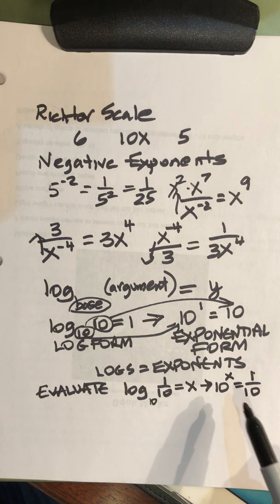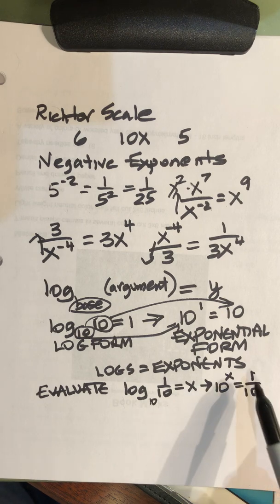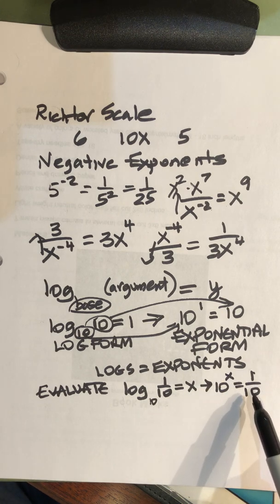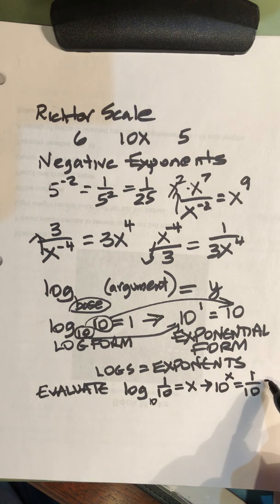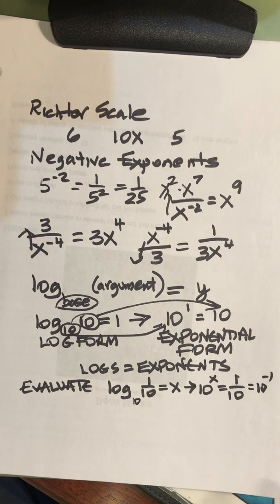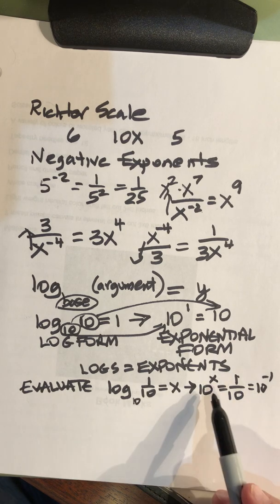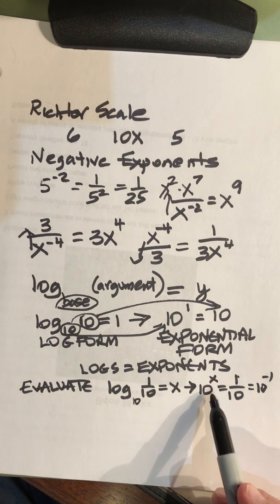Okay, so what does that mean? If 10 to the x equals 1/10, well, remember in our discussion of negative exponents, this is the same as 10 to the negative 1, isn't it? Okay, if that's equal to 10 to the negative 1, and that's 10 to the x, do you see these two things are equal?